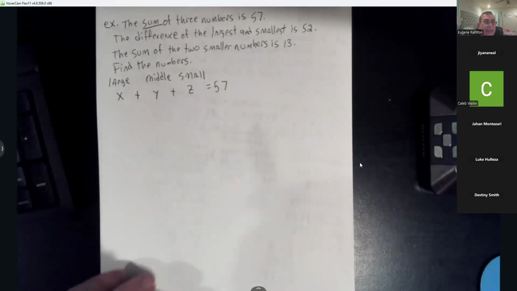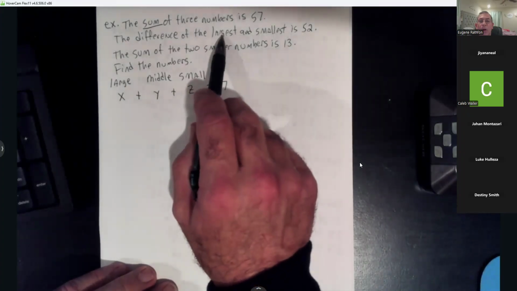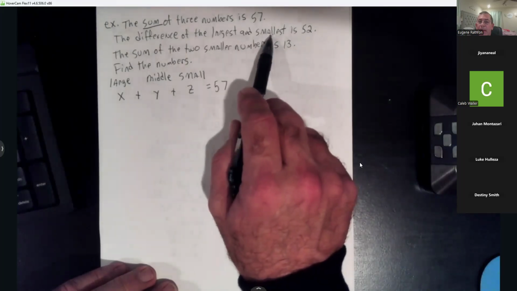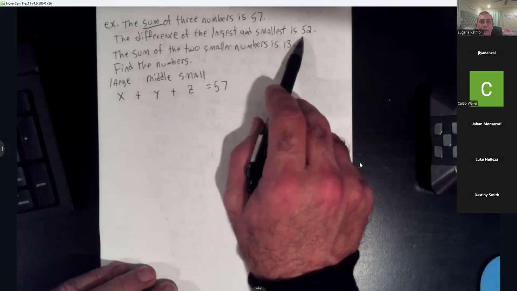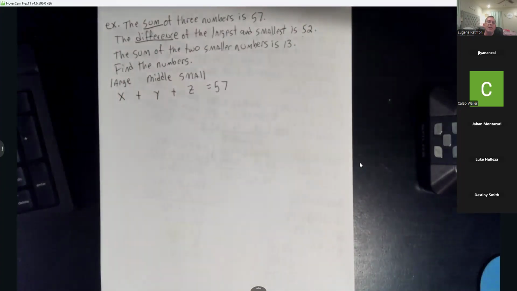Perfect. Now let's get this second one. The difference of the largest number and the smallest number is 52. So they're talking about the difference. So what do y'all think I'm going to put on that equation?